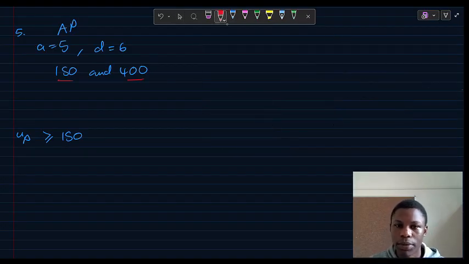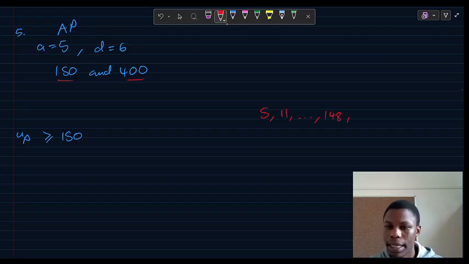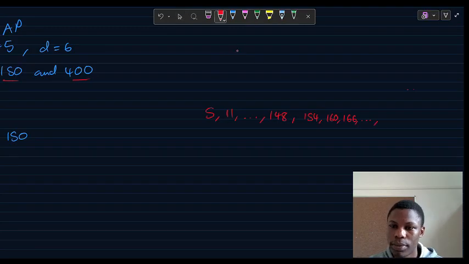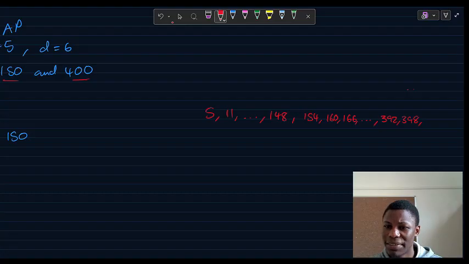We could have something of the form, so obviously our first term is 5 and 11, and then this would continue to go on until we get to, let's say, 148, and then the next term, if we add 6, is 154, 160, 166, and then this would continue to go on, let's say to maybe 392 and then 398, and then after this it's plus 6, 404.